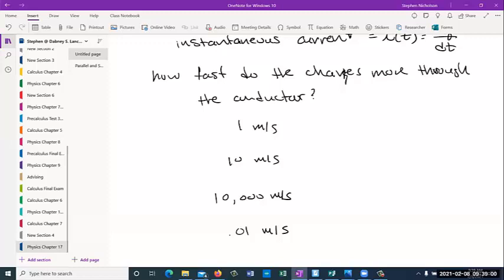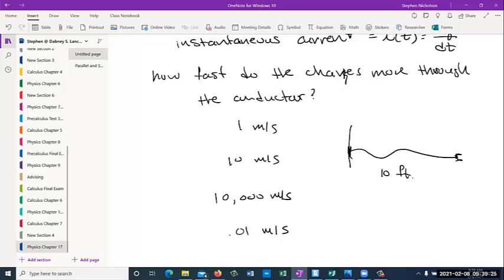Yeah, it does depend. Let's assume that it's a good conductor like copper. Let's think about this. Here's the wall, and here is a cord. Say it's a 10-foot cord, and here is the plug on the end of the cord. And here's the wall socket.